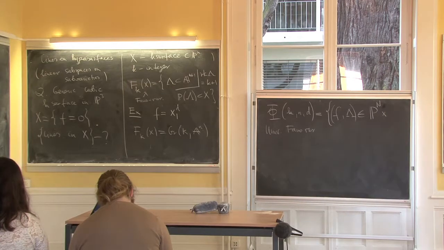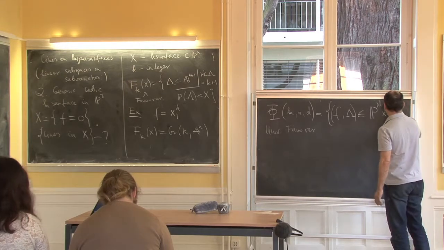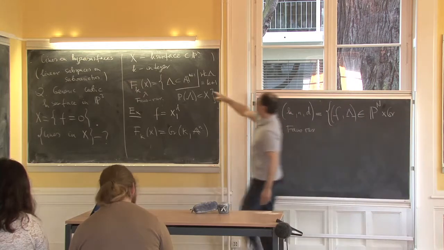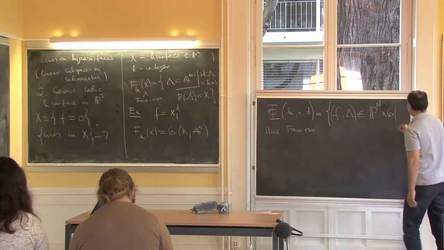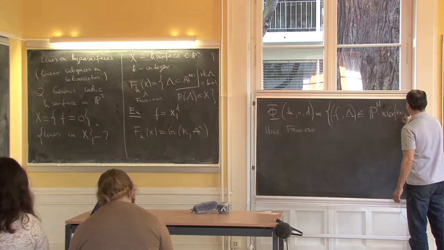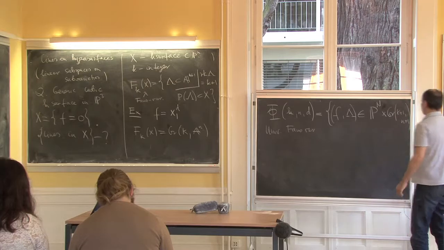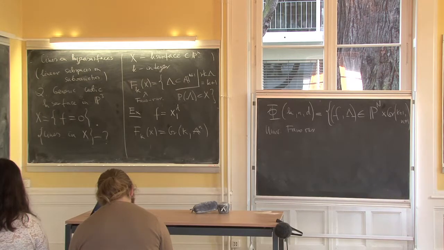I'll just call it N, not to obscure the notation. And cross, now I just look at the Grassmannian. So I look at all possible planes, right? So just the Grassmannian of k plus 1 planes in n plus 1, like that. So it's all possible planes. And then I just write down our usual incidence variety.